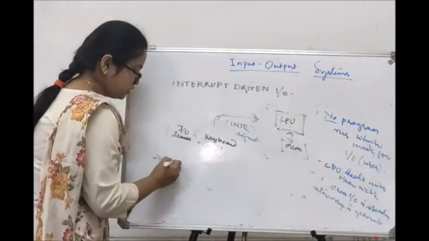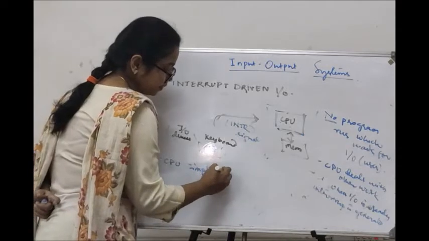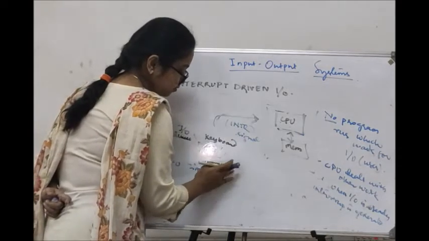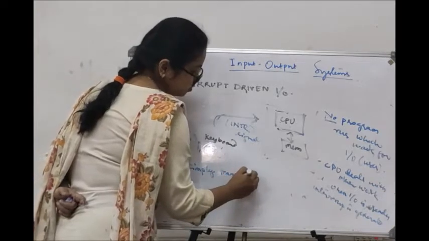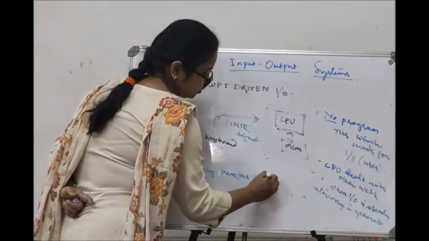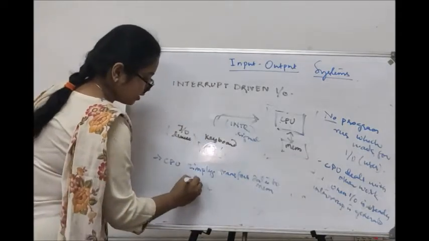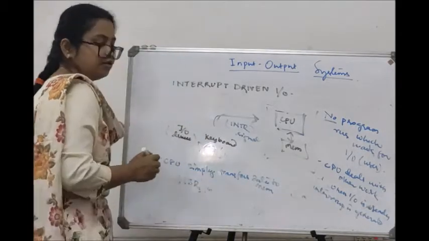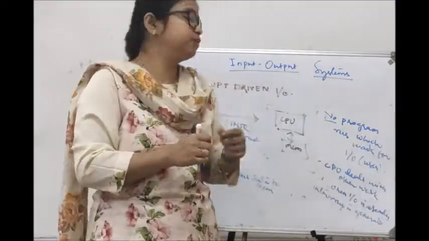So the CPU simply transfers data to memory. This process is called ISR, Interrupt Service Routine. That means servicing the interrupt.